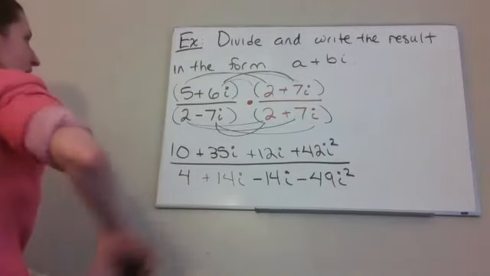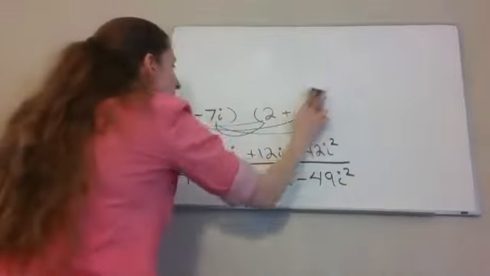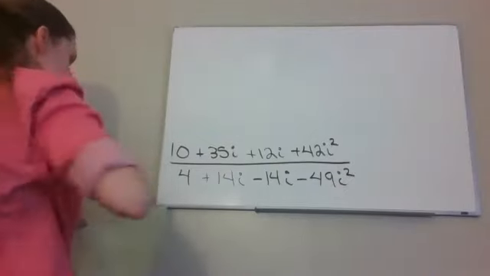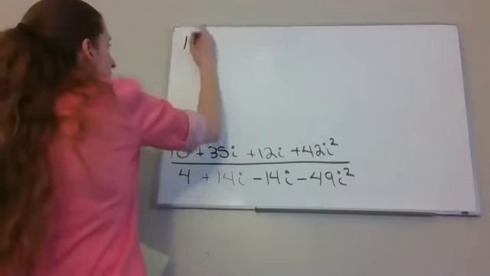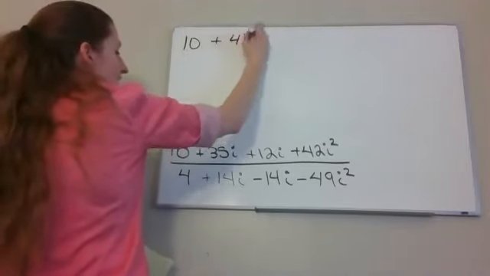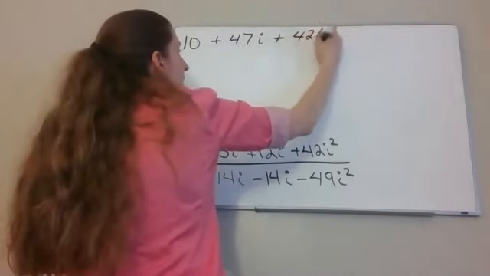So what I have now, if I rewrite this, by combining like terms across the top and the bottom, and rewriting my i squareds as negative 1s, I'm going to have 10 plus, I have 47i, and plus 42 times a negative 1.